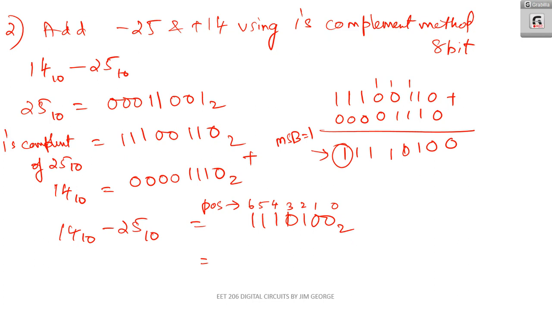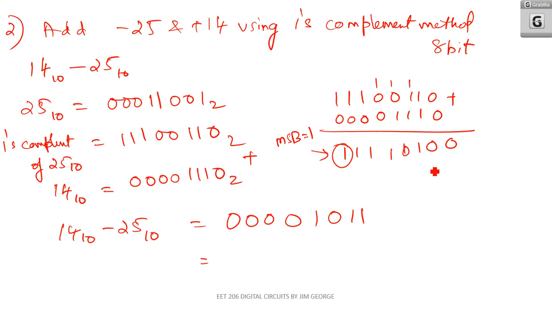Now here see one clarification is there. Here don't give positions directly. Okay. See here MSB is 1. If MSB is 1, you have to take the ones complement of it. Okay. So that means what is ones complement of this one? That is 0 0 0 0 1 0 1 1.